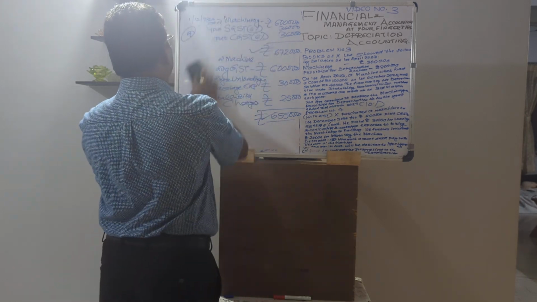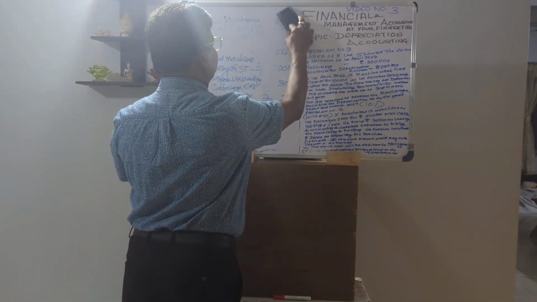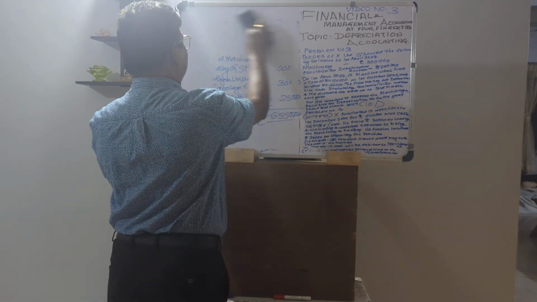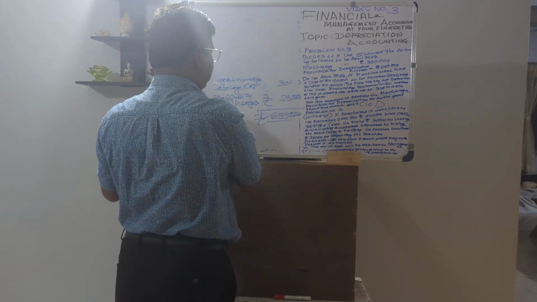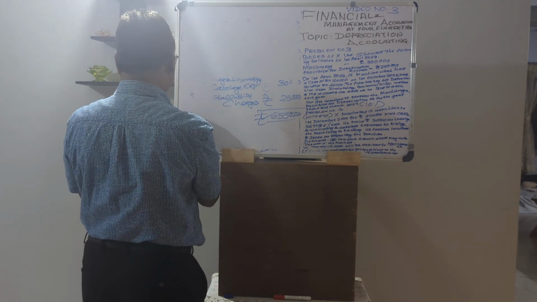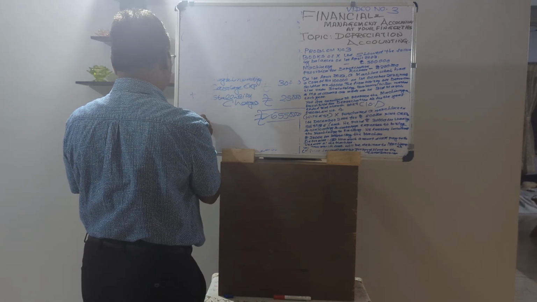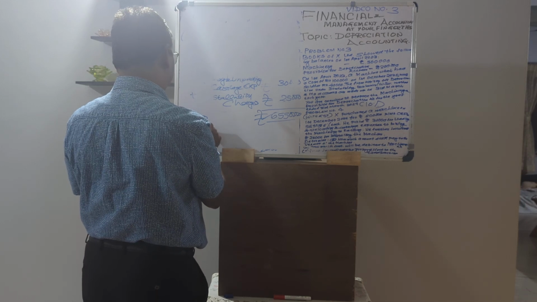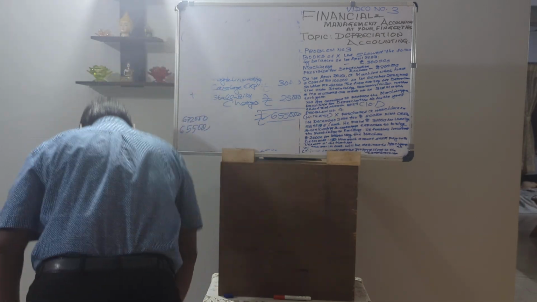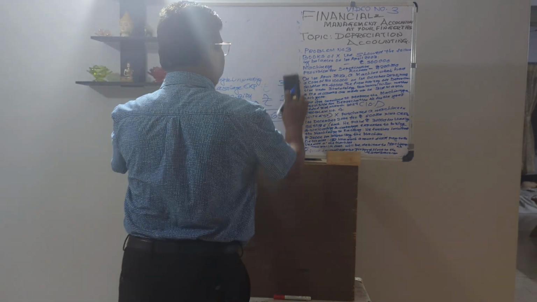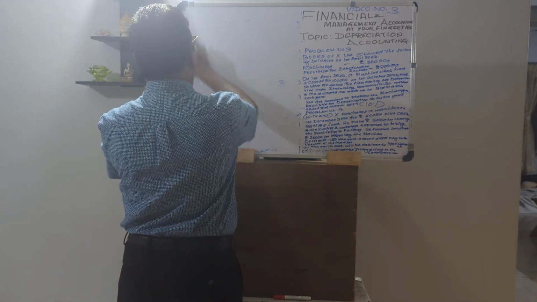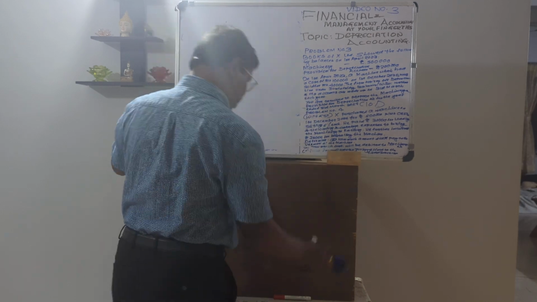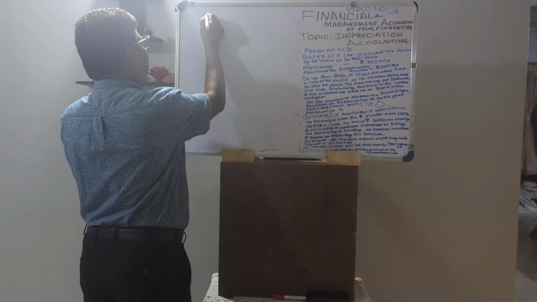Then the third part is to pass journal entries giving effect to the transaction.